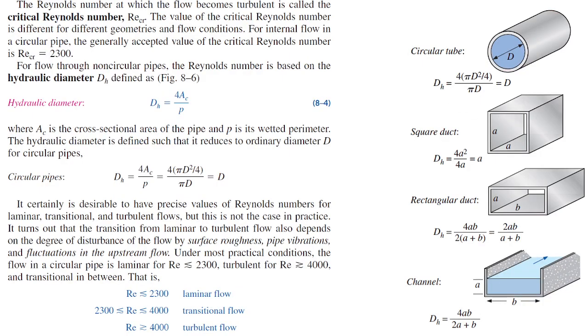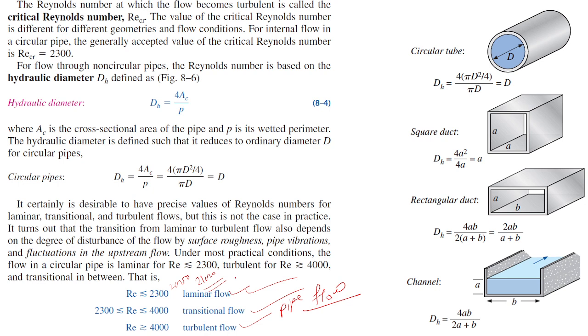We'll discuss more about it. Here it is given. In this book, I am following the Cengel and Cimbala book. Somewhere I have seen this value given for pipe flow. If your Reynolds number is less than or equal to 2300, somewhere 2000 is written, somewhere 2100, so this is also acceptable, then the flow is laminar.